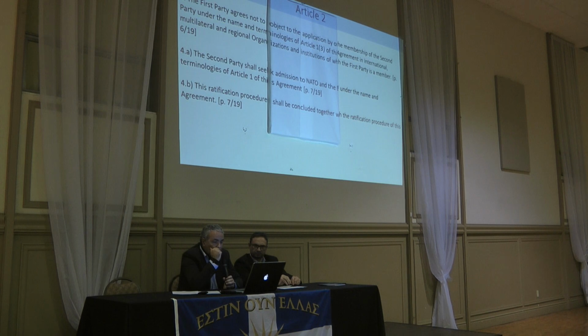It's very interesting because this ratification procedure should be concluded together with the ratification procedure of this agreement. What does it mean? This is totally illegal. I mean, we have a pre-agreement, we signed a pre-agreement, and we said, when we finish this, FYROM will be in NATO and European Union, which is against the acquis communautaire.